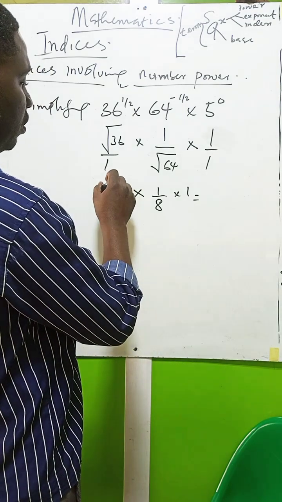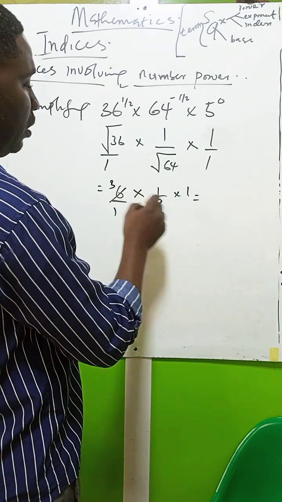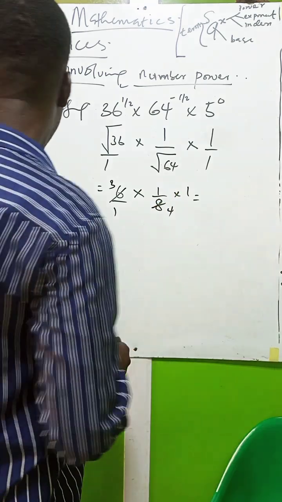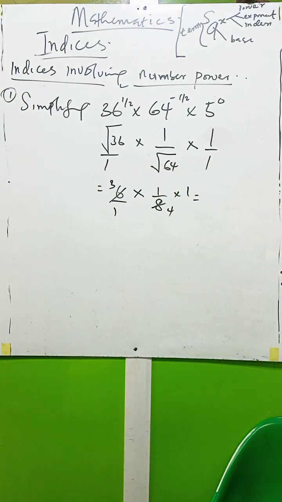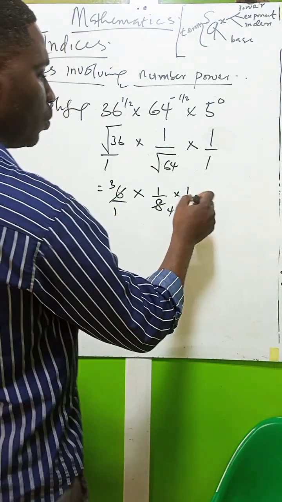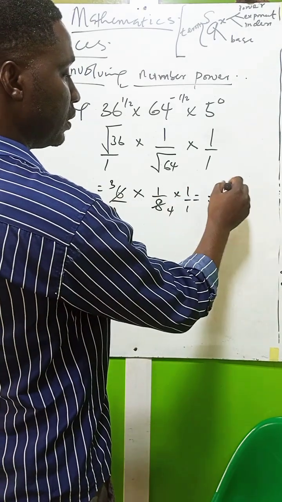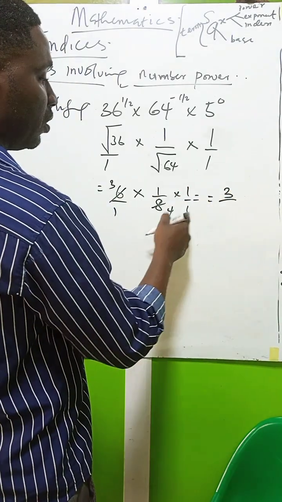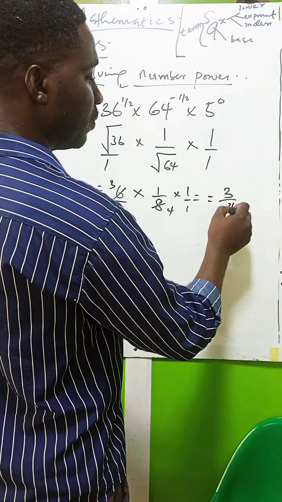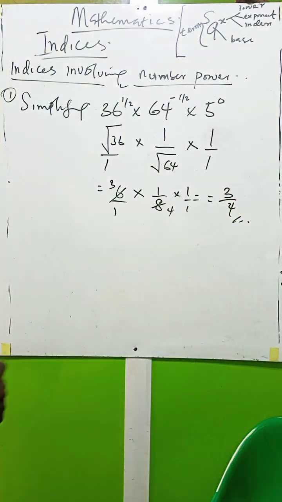This 6 and this 8 divide by 2, giving 3 and 4. We can multiply out, which is 3 times 1 times 1, which is 3, over 1 times 4 times 1, which is 4. So that's our final answer.